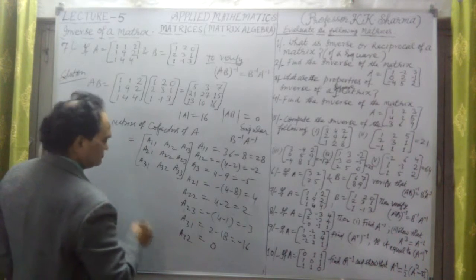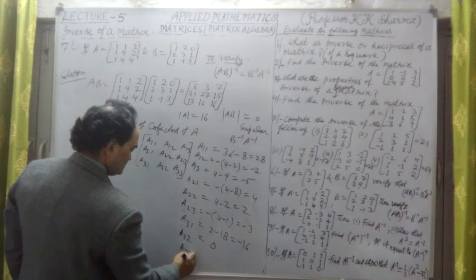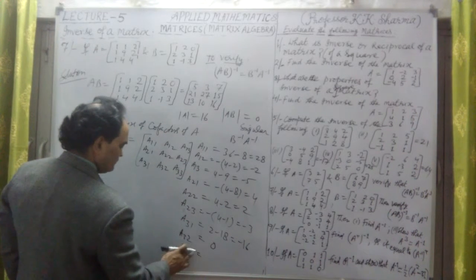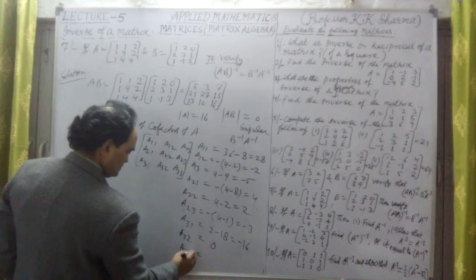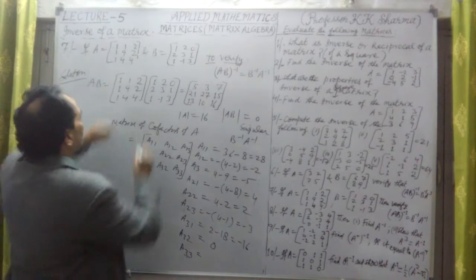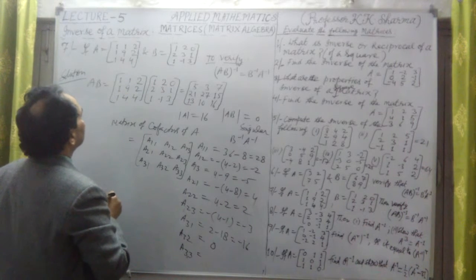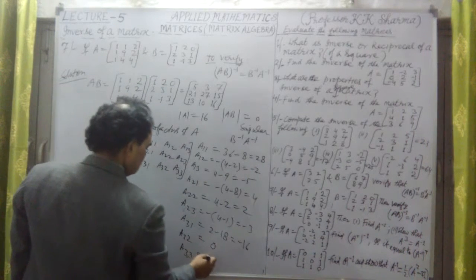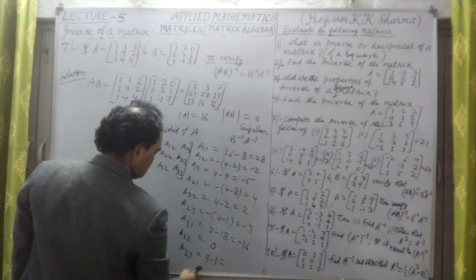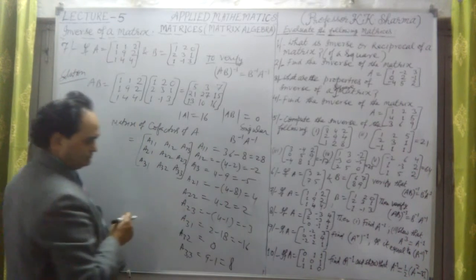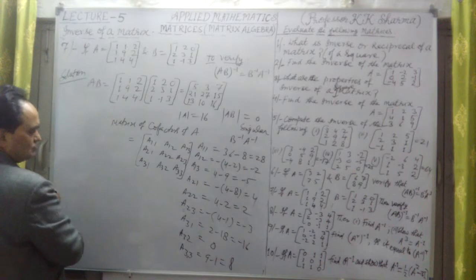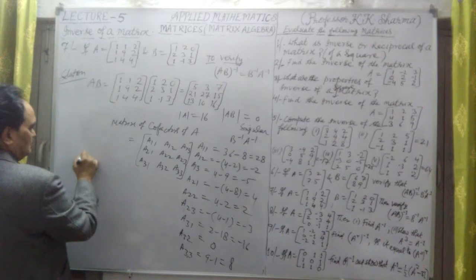Right. For the last 4 value, A33, the cofactor is 9 minus 1, that means 8.